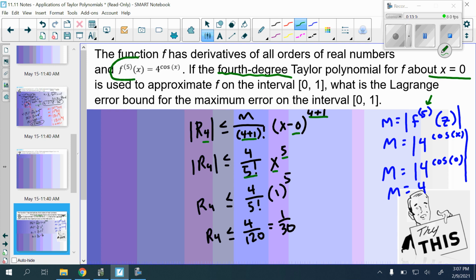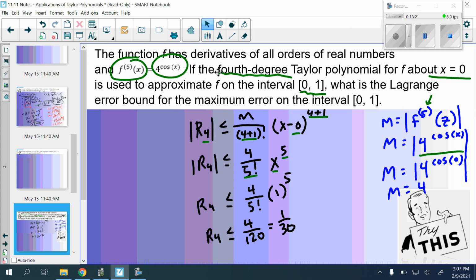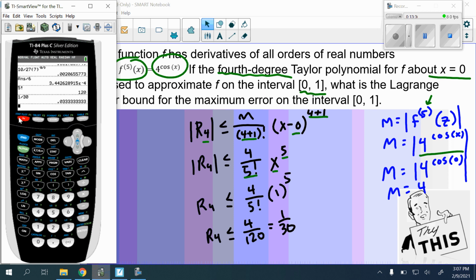Well, that's why they told us this. The fifth derivative is equal to 4 cosine of x. And so we got to figure out where on the graph between 0 and 1 that is going to be the biggest. You can do that by graphing.